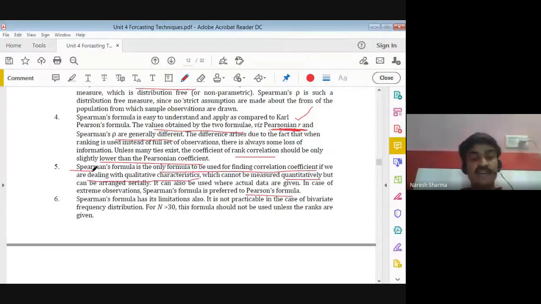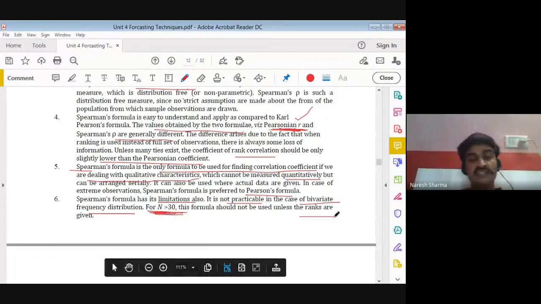Also, the Spearman formula has a limitation that it is not practicable in bivariate frequency distributions, right? And when n is greater than 30, we do not use rank correlation. So this is rank correlation, also called Spearman rank correlation.